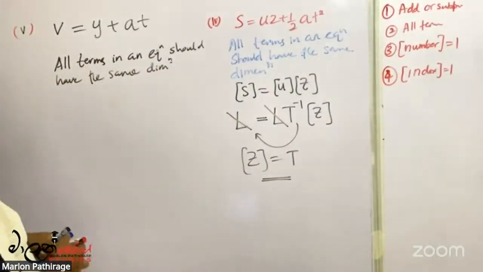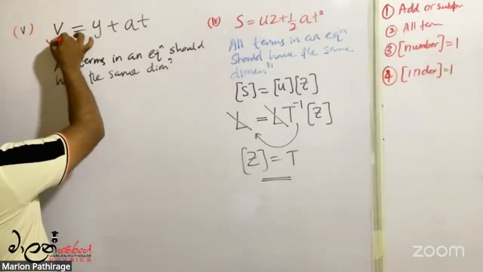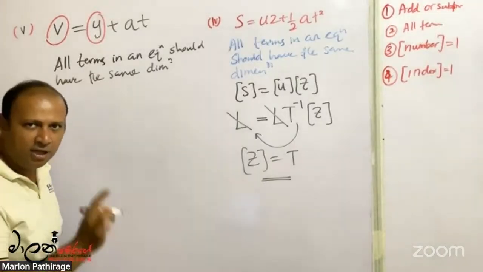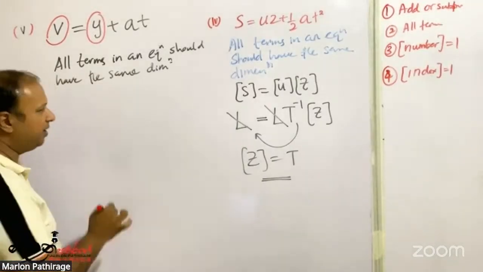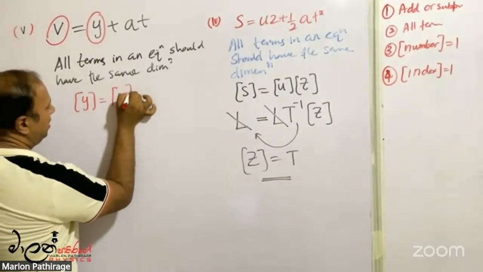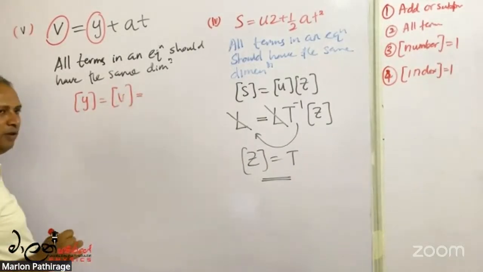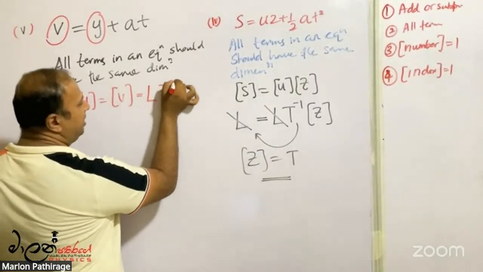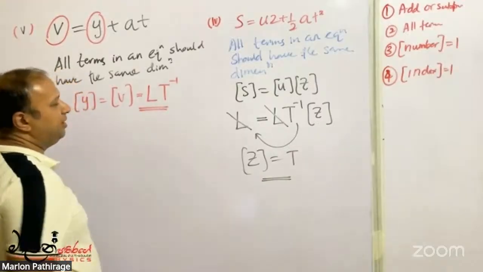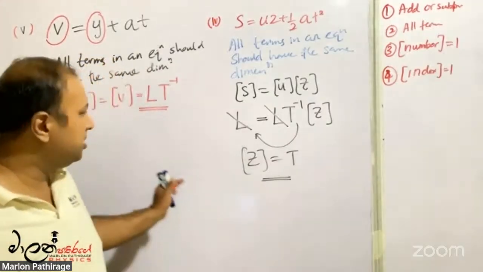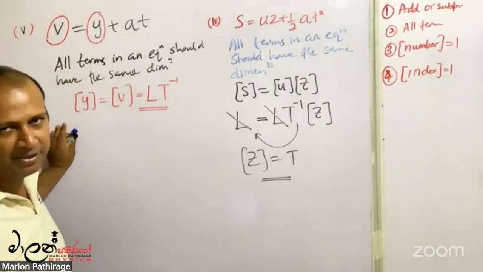Therefore, dimension of V should be equal to dimension of Y. Therefore, dimension of Y is equal to dimension of V. Dimension of V means velocity. Therefore, it is equal to LT minus 1.